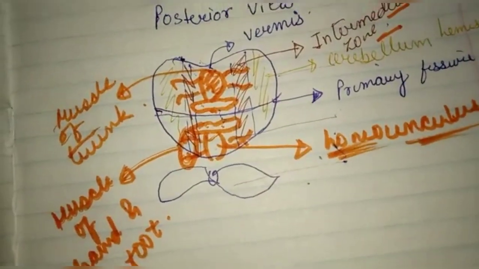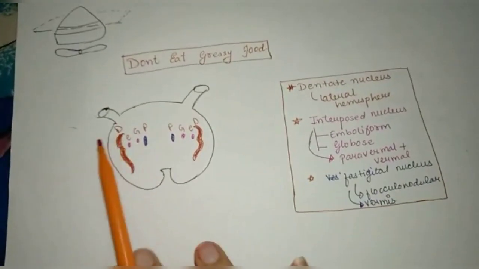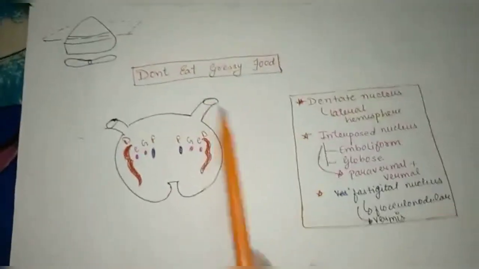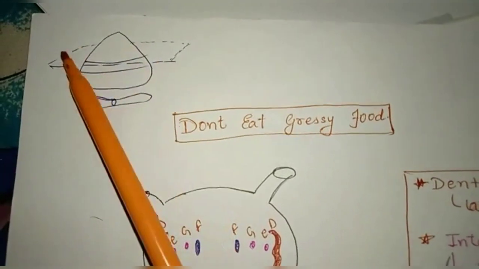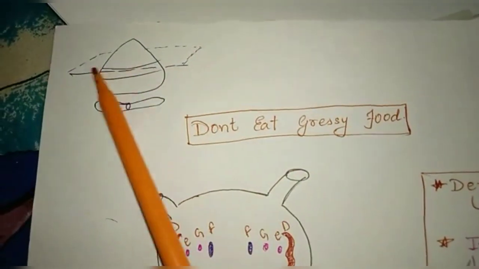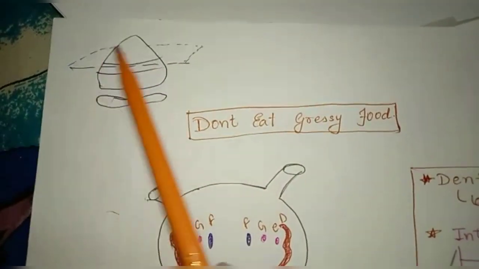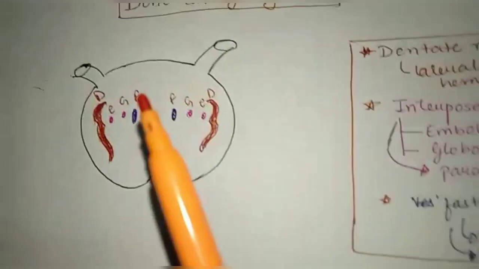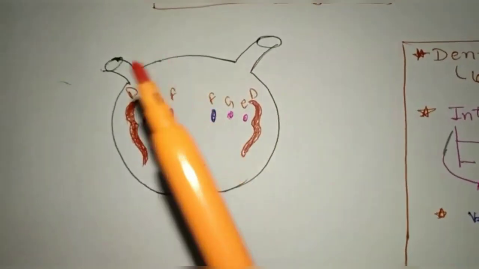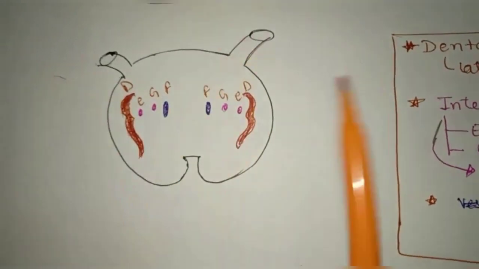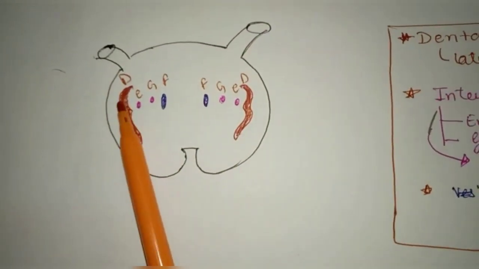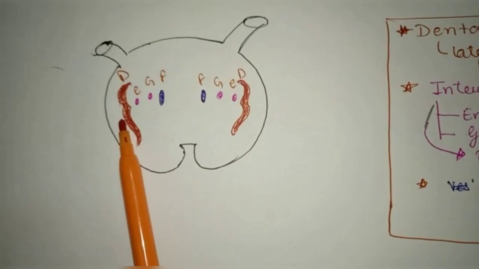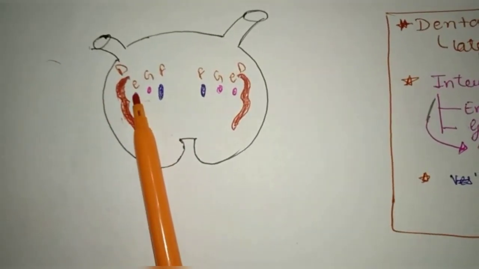Okay, now this is the nucleus of cerebellum. Let's see this. Here is the anterior lobe, here is posterior. If we cut it in this plane, then the cerebellum looks like this. There is a paired nucleus. Here it's a big D for dentate nucleus. This is emboliform nucleus.